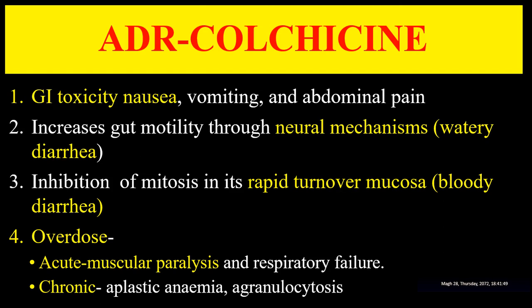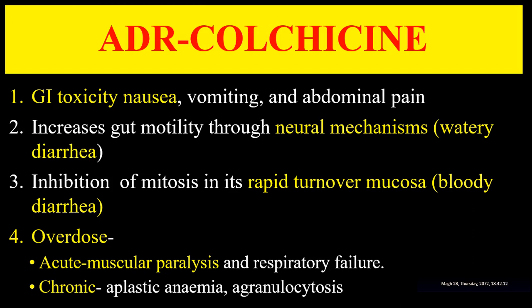So altogether we have one, GI toxicity like nausea, vomiting, all that, and another is bloody diarrhea because it causes arrest of mitosis, therefore bad for the cells having high turnover. Turnover means they are rapidly forming ones.